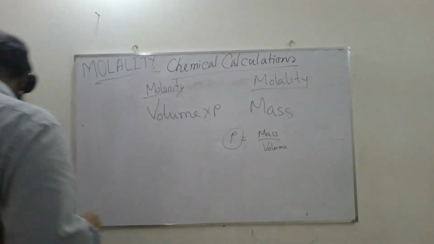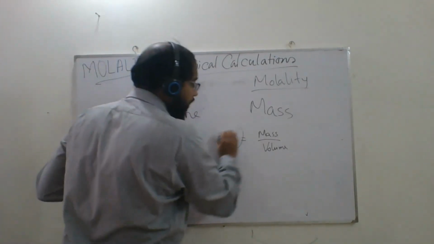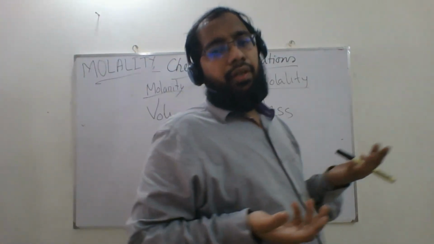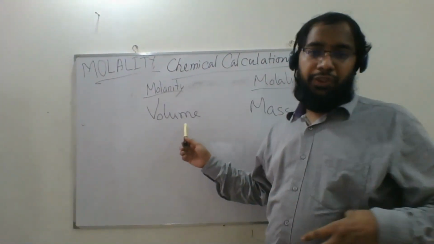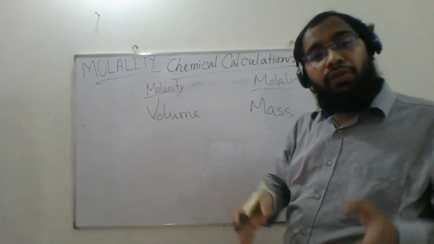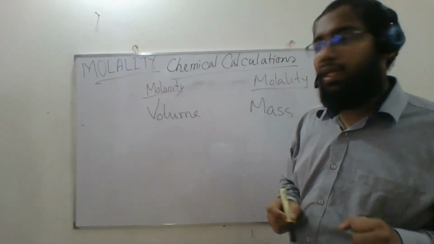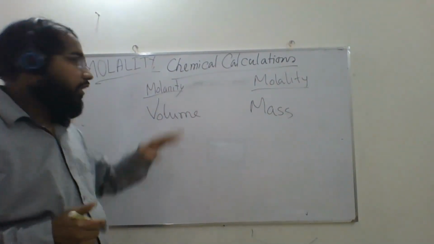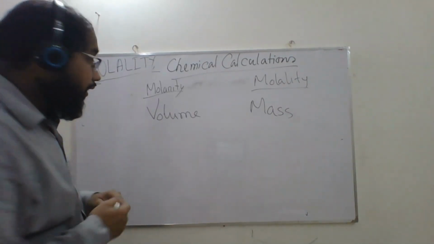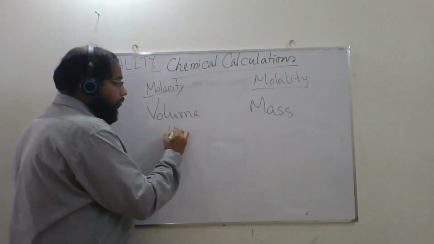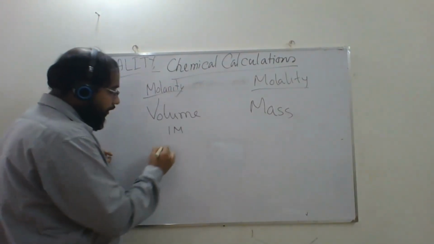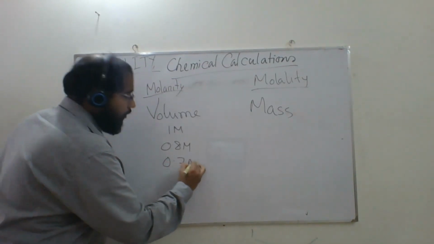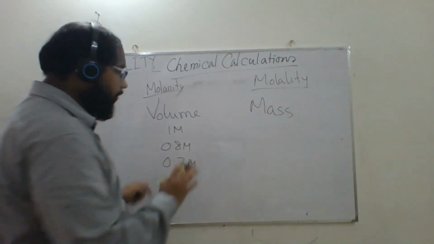Another advantage: if we consider we are heating the solution, the temperature is increasing, then the volume of the solution changes, but the mass of the solution remains unchanged. So if we heat any molar solution at different temperatures, its molarity will be different. For instance, a 1 molar solution heated to 30 degrees becomes 0.8 molar, and at 40 degrees becomes 0.7 molar, just for example.